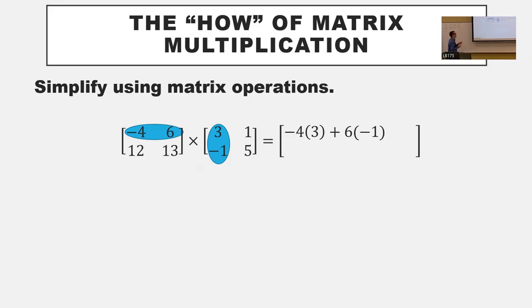And when I multiply them, we usually think of taking this -4, 6, turning it upright, and multiplying it times 3, -1. So the -4 multiplies by the 3. The 6 multiplies times the -1. And then we add those two products together.